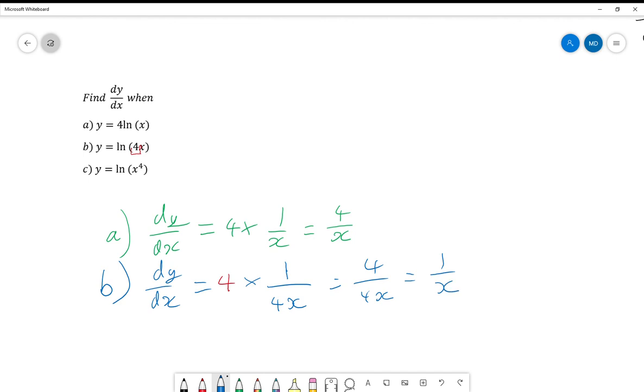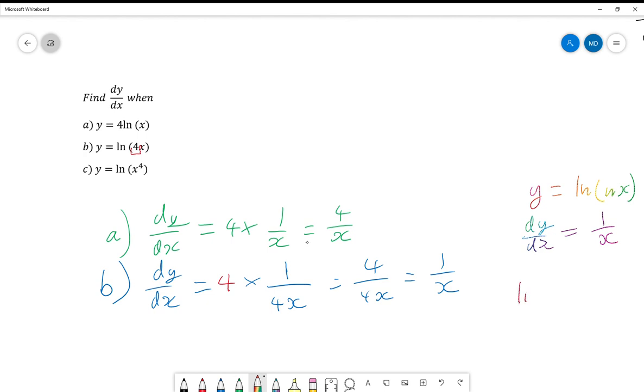And this seems crazy. In fact, what it means is, if I have y equals the natural log of any multiple of x, so let's take nx, then dy by dx is still always just 1 over x. But that should make sense, because if you remember our log laws, if things are multiplied, then we can add them.